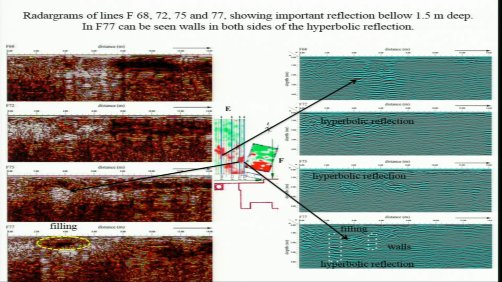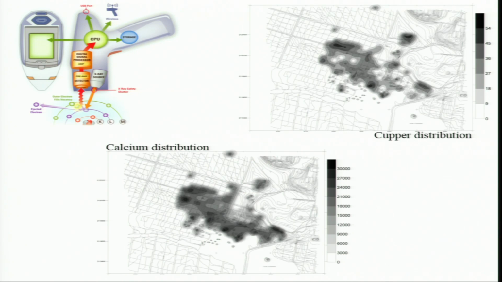So it was interesting. It has not been excavated yet, but there are so many interesting things under that floor that we want to go back and continue with this.